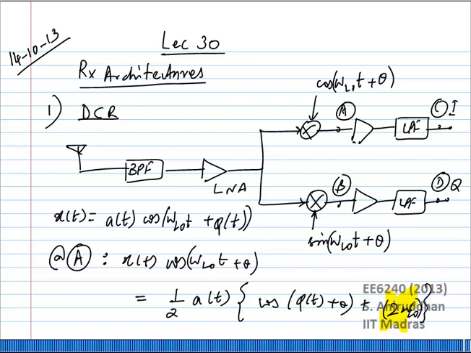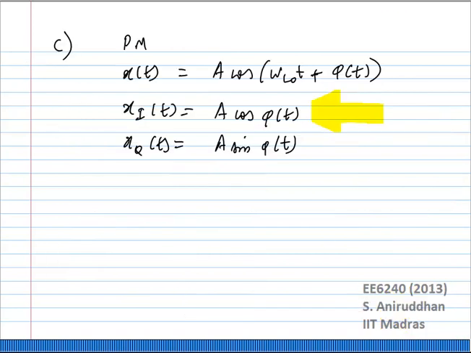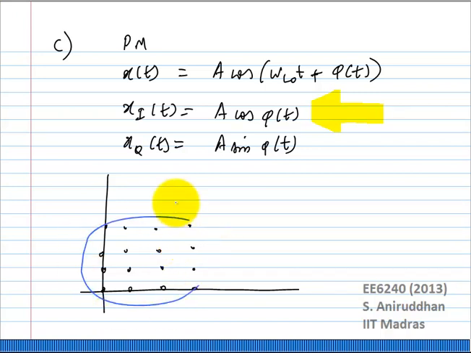In fact, if you look at the modulation scheme, let us say I took the simplest case. What is going to happen is this whole constellation is going to get rotated by theta. Is it going to affect your received signal or not?